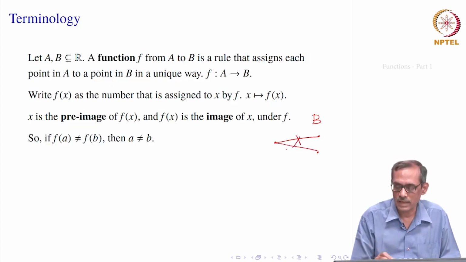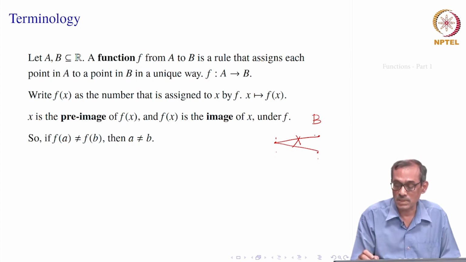This will never happen. So, we say that if f of a is not equal to f of b, then a, which is the pre-image of f of a, and b, which is the pre-image of f of b, can never be equal. They should be different. That is what unique means. If a is there, a goes to f of a.